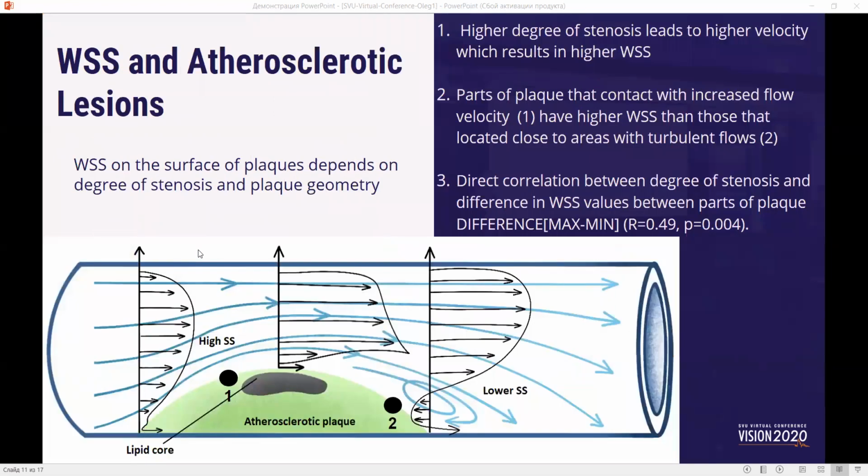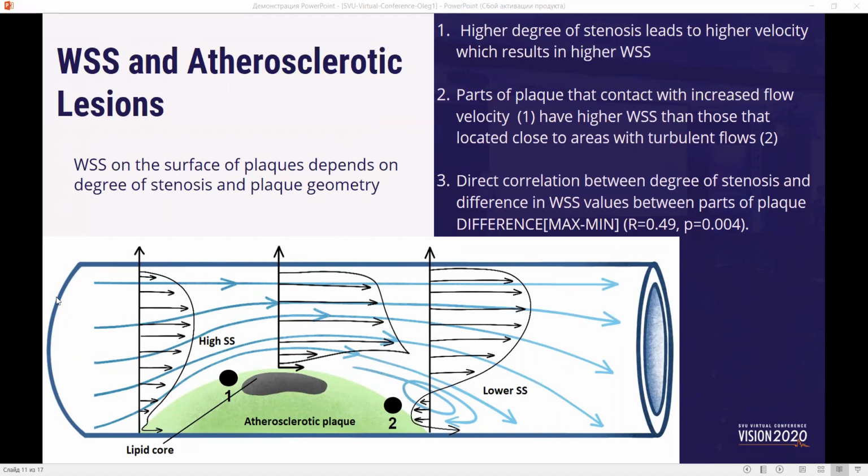Now, we will examine the complex relationship between wall shear stress and atherosclerotic lesions. Generally, wall shear stress on the surface of plaques depends on degree of stenosis and plaque geometry. High stenosis leads to higher velocity, which results in higher wall shear stress.